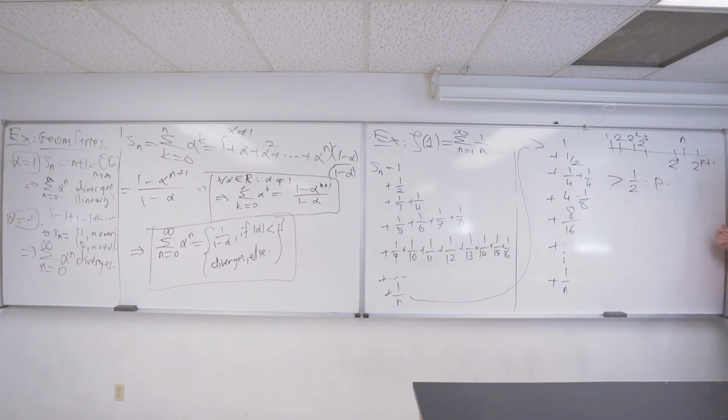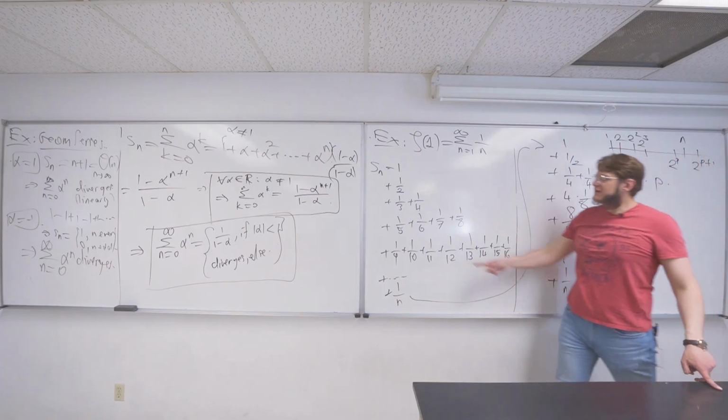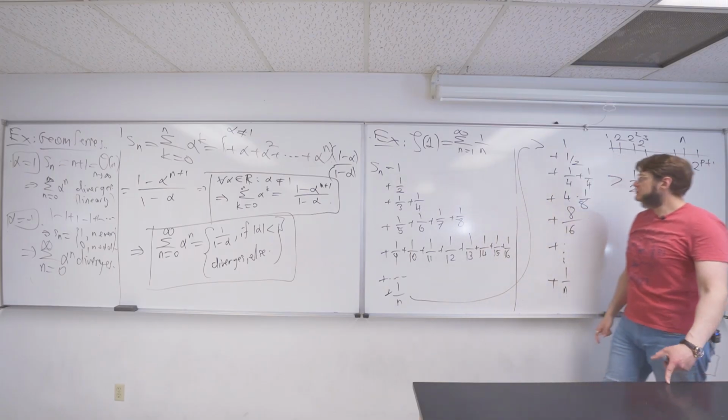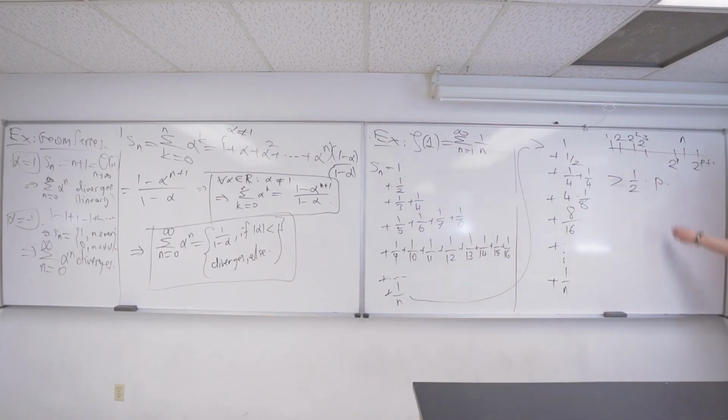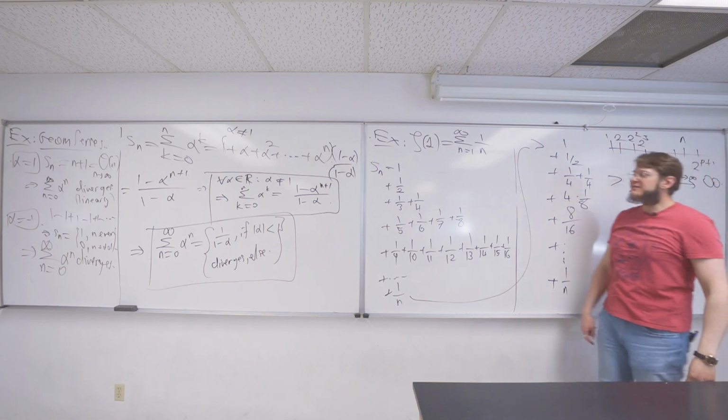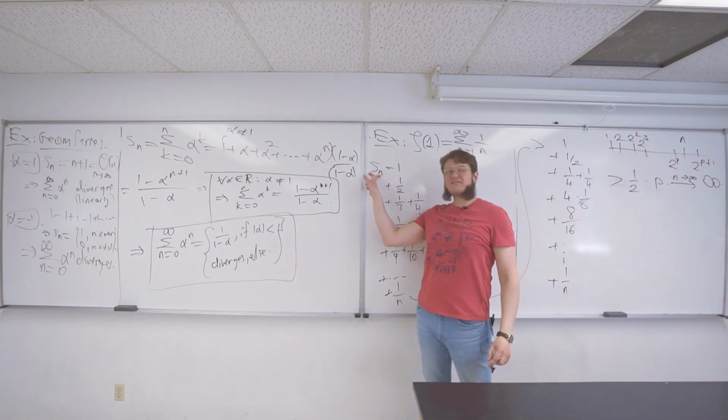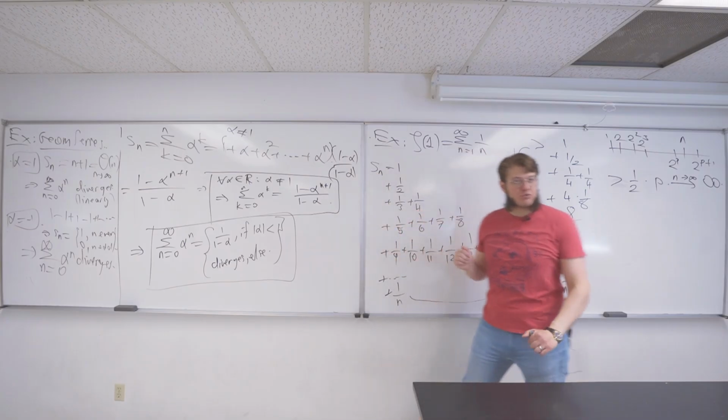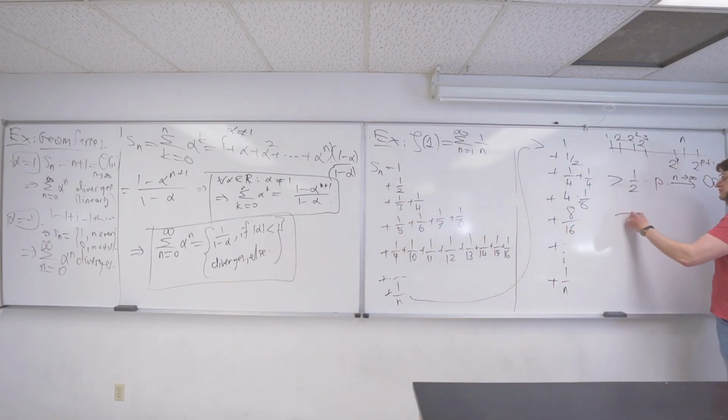The point is that as you take n to infinity, this is going to go to infinity. Therefore, there is no way for S sub n to stabilize at a finite number.